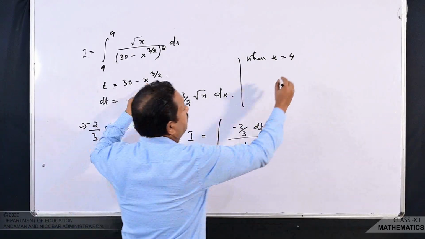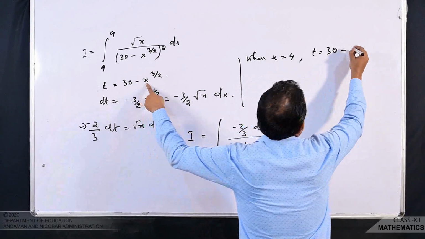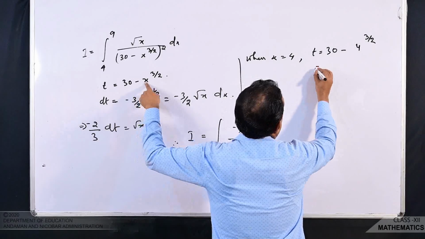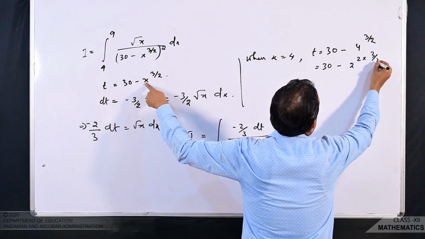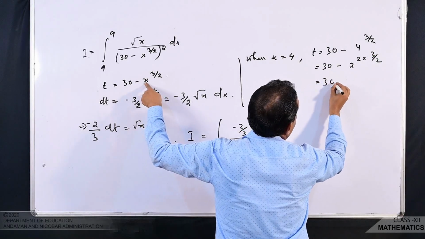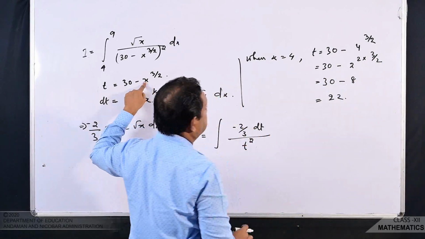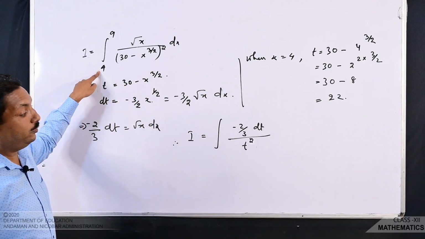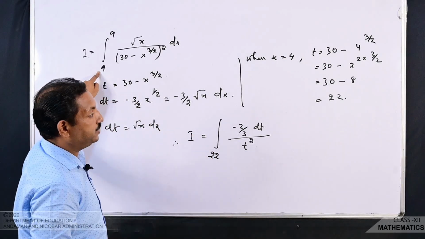So, t is 30 minus 4 power 3 by 2, that is 30 minus 2 power 3, that is 30 minus 8, that is 22. So, your lower limit will change to 22. You put here 22, the lower limit.